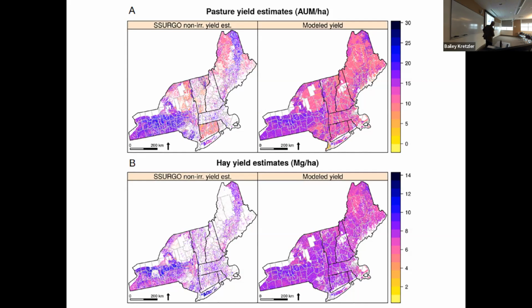In the color scheme here, pink to yellow are lower yields, and purple to dark purple are higher yields. You get the sense there are areas like the Lake Ontario Plain and Lake Champlain Valley that are high yielding, so there's some variability.